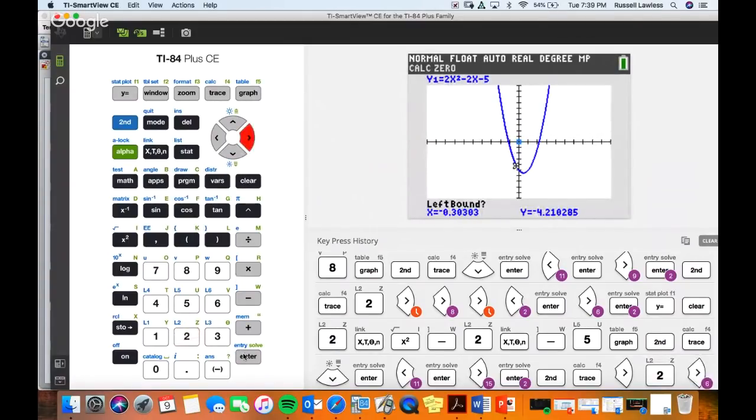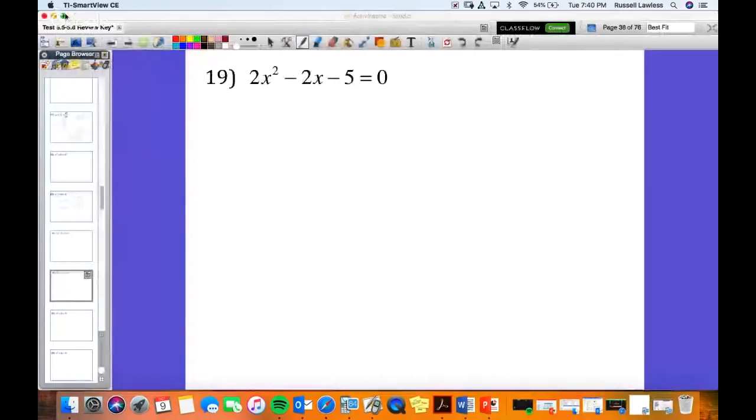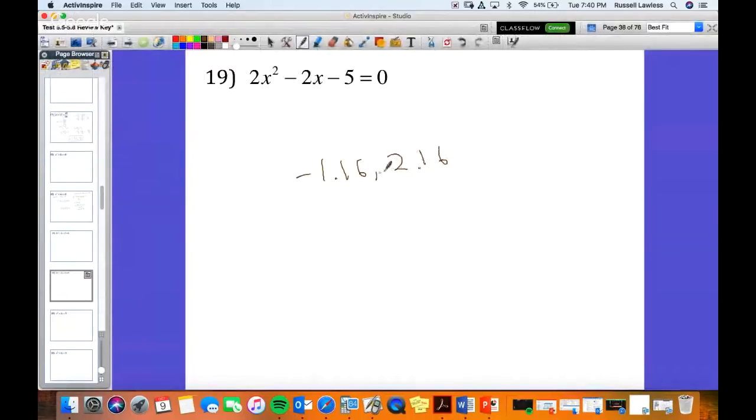And then I'm going to be on the left bound of my 0 and go to the right side here. So it's all relative to this location here, not this 0 axis, but this location. And then that'll give me 2.15. So then that would tell me for 19, negative 1.16 and 2.16 would be my two zeros. That's what x would be equal to.